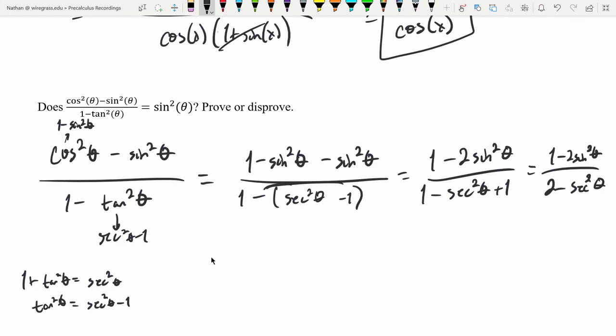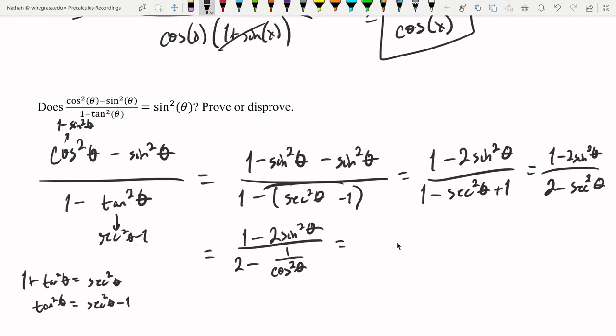Okay, secant squared is 1 over cosine squared.